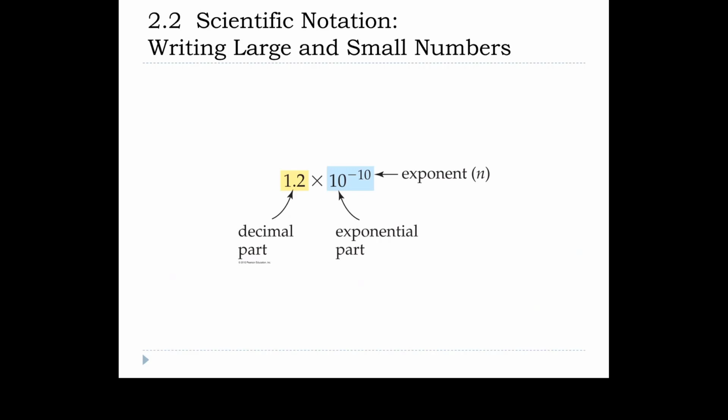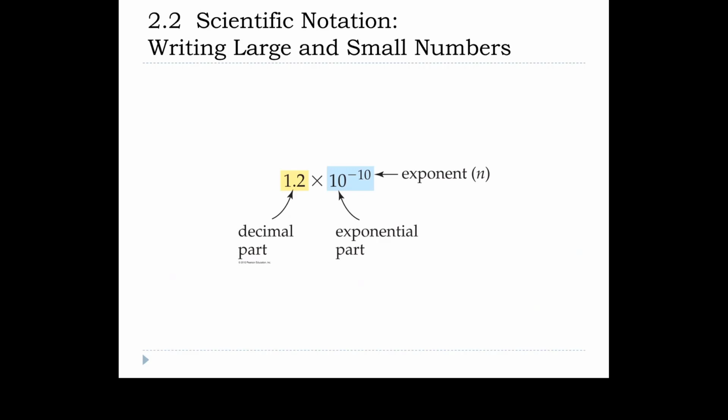What do you guys know from math about multiplying and dividing with powers of 10? What does that do with reference to a decimal point? Yeah, every power of 10 will move the decimal place one place, right?